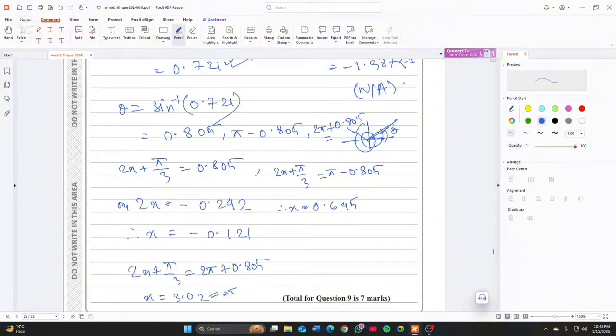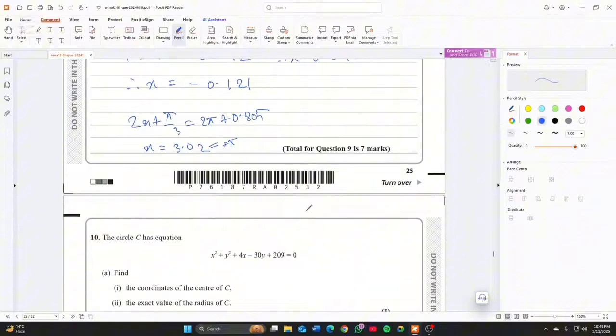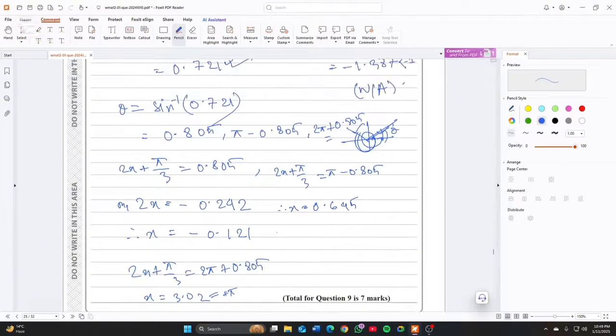Another value that we can find for this theta would be 2x plus pi by 3 equals negative pi plus this 0.805, since this is pi plus 0.805 but in the clockwise direction, therefore it's negative.